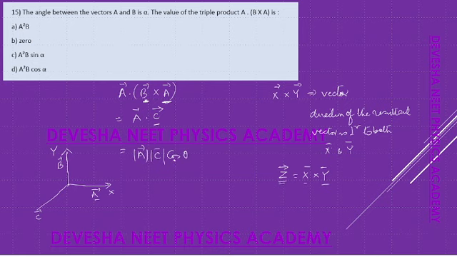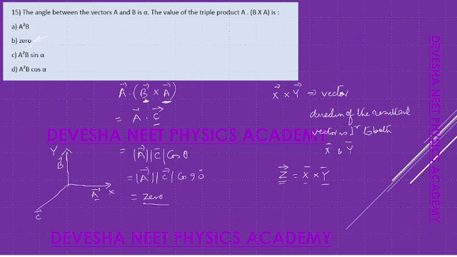Now we know that b cross a is equal to c, so c is at 90 degrees with a, so theta is equal to 90 degrees. So this is equal to 0. This is the answer.